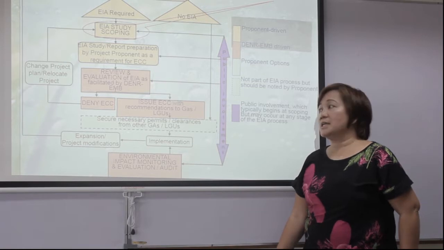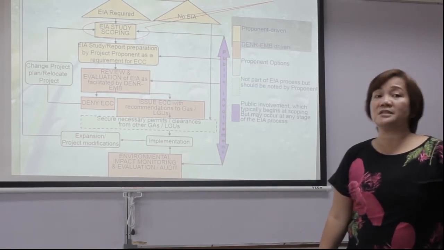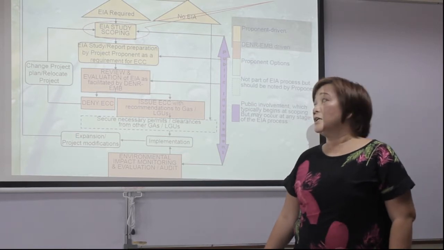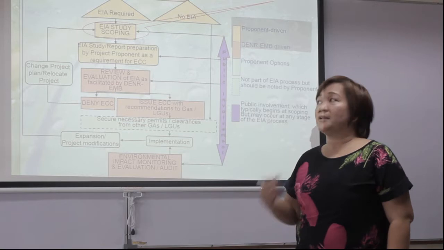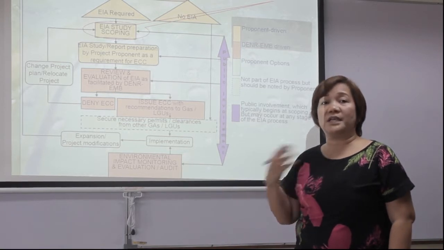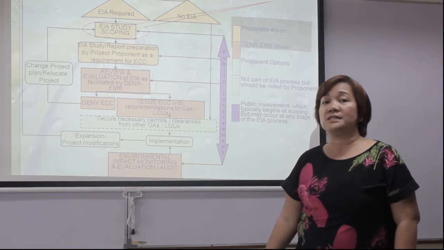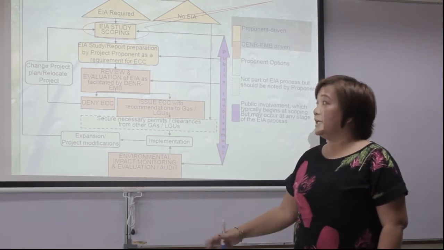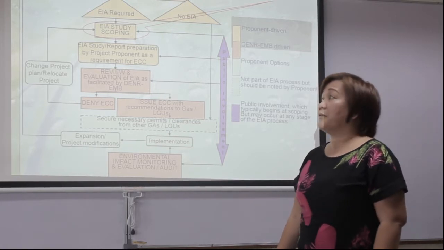So in our case, in Mapua, our Executive Vice President for Academic Affairs, Dr. Doma, is actually an EIA reviewer. Now, I cannot be an EIA reviewer because I am an EIA preparer. There will be a conflict of interest. So the DNR EMB has to get a non-biased EIA reviewer.